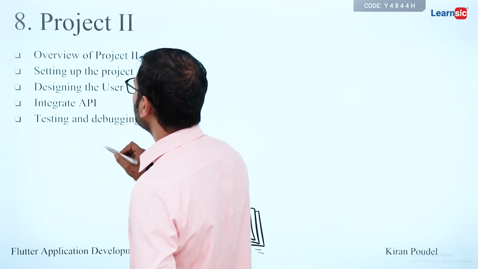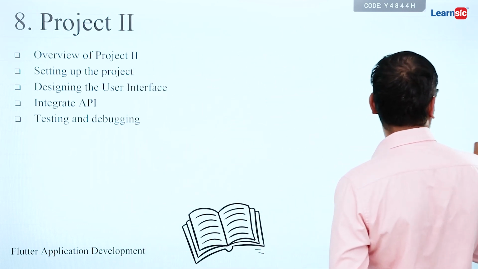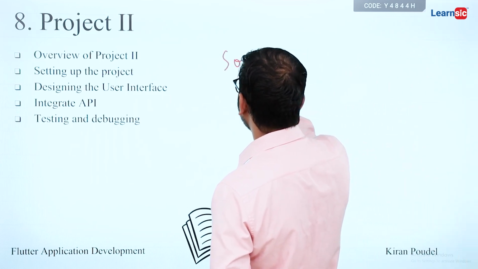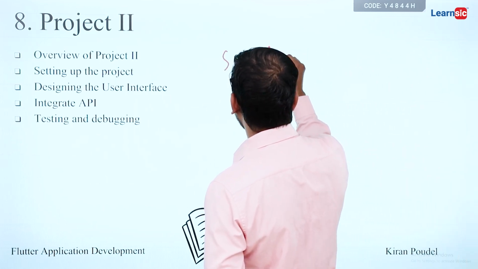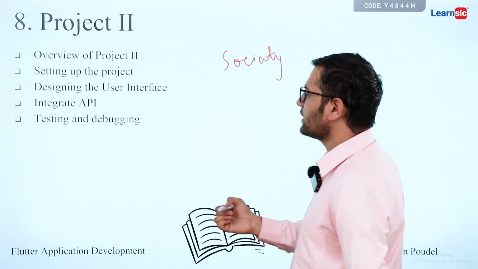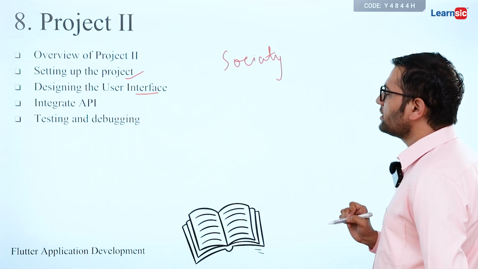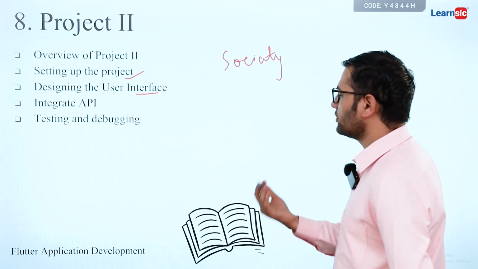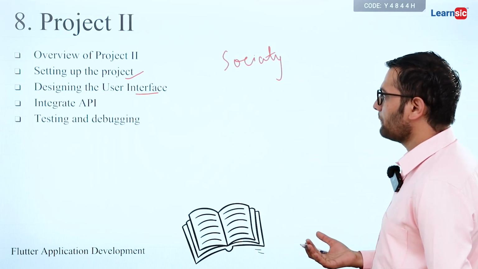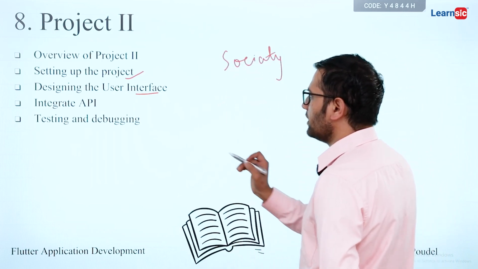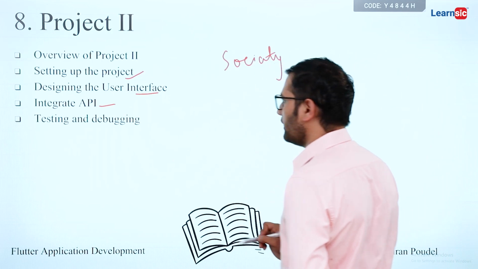And the last segment is project second, and in this segment we are going to create a social media application, and the name of the application is Society. In this application as well, we are going to set up the project at first and design the user interface. Basically here we are going to post some of our data and other people can view those posts as well. So we need to integrate our API here as well.